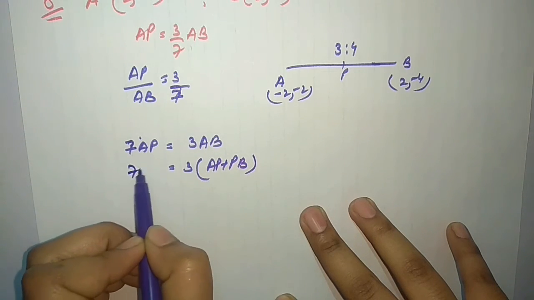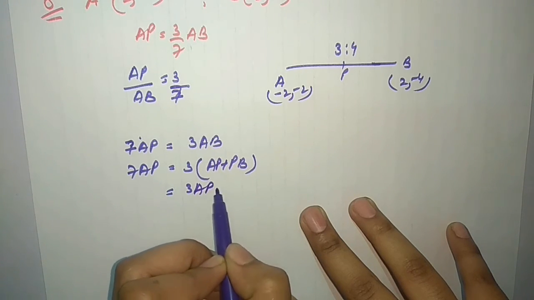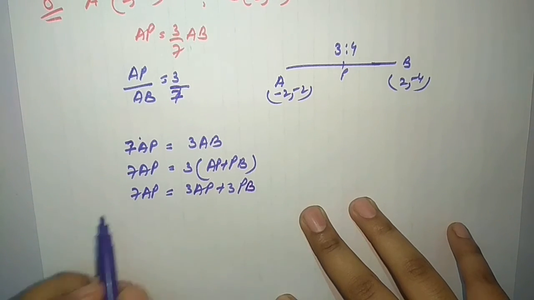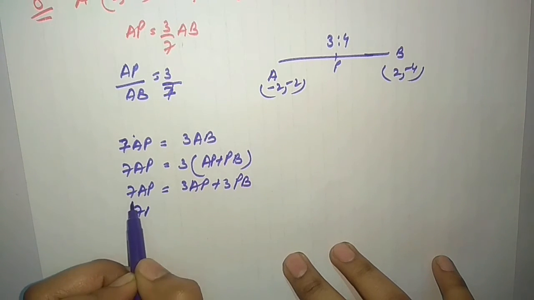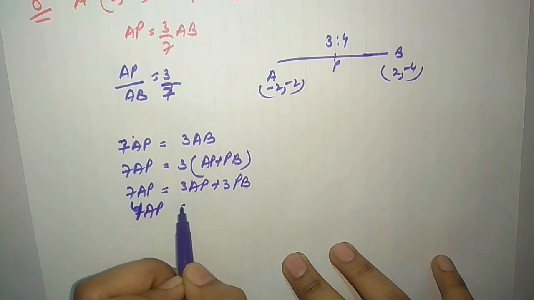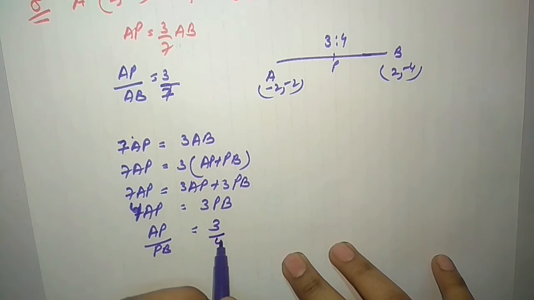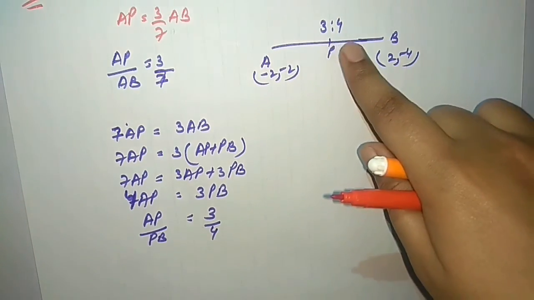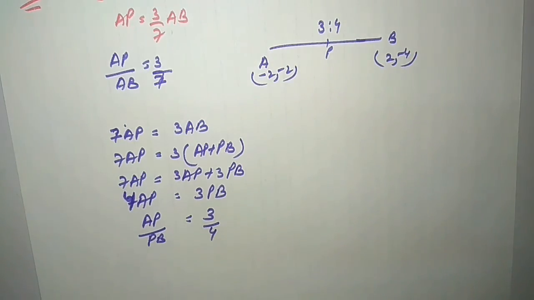Multiply 3 with this bracket: 3 AP plus 3 PB gives you 7 AP. Now bring 3 AP to this side, 7 AP minus 3 AP is 4 AP, equal to 3 PB. So AP upon PB is equal to 3 upon 4. This is the ratio. After this you can do this question very easily, because this is the ratio m1 to m2, this is (x1, y1), this is (x2, y2), and on applying the section formula you will get the coordinates of P.